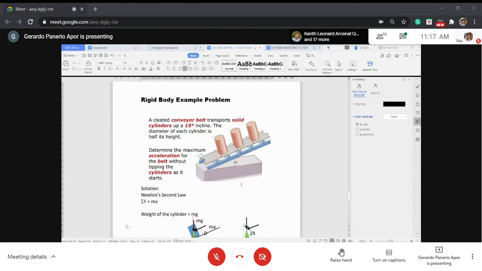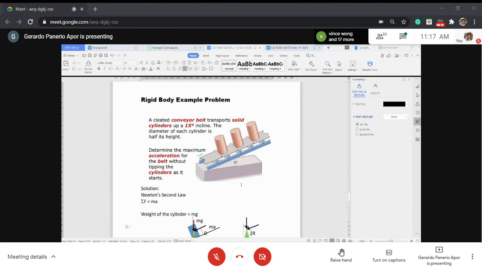Okay. So this problem is about a conveyor belt inclined at 15 degrees, something like this. A plated conveyor belt transports solid cylinders at a 15 degree incline. The diameter of the cylinder is half its height. What can you picture? A sardine can, meatloaf, or corned beef.